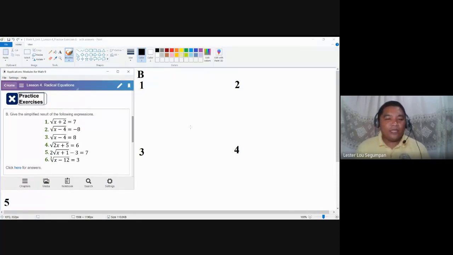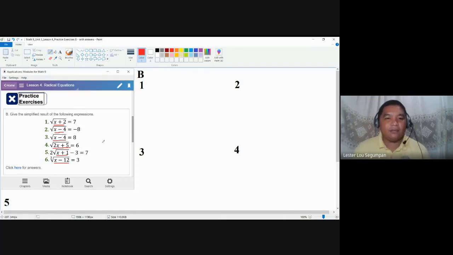The only difference between the practice exercises found in the previous video and this one, practice exercise B, is that your radicand may appear to be a binomial, meaning the radicand has two terms, because in the previous video we only had a monomial term for our radicand. But it will not actually change the processes that will be involved in our solution.